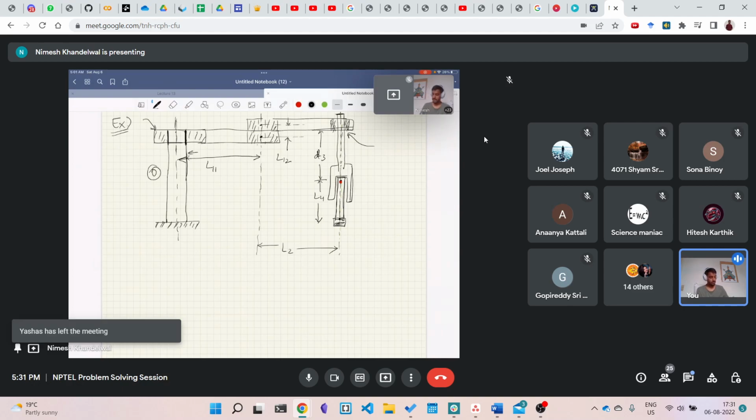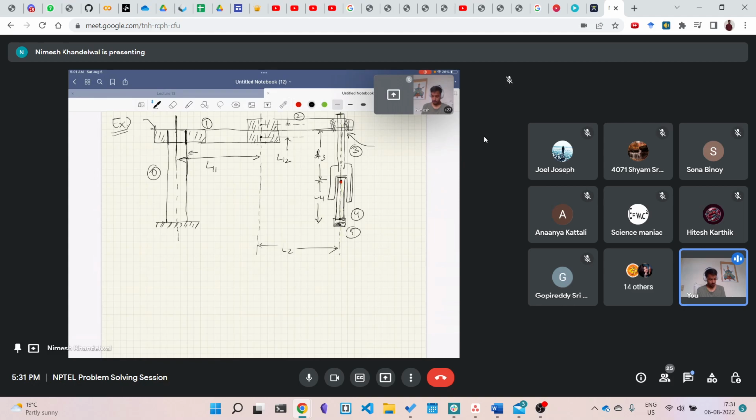Then all the subsequent links I'll number one higher. So this becomes link 1, this link becomes link 2, this becomes link 3, and this becomes link 4, right? And if you want to treat your tool differently, then this becomes link 5, your tool. The tool separately also becomes a link.